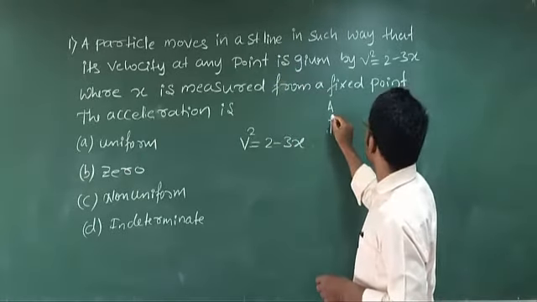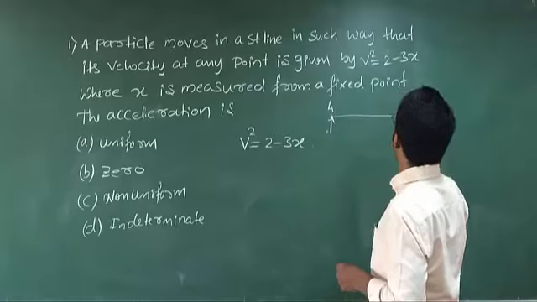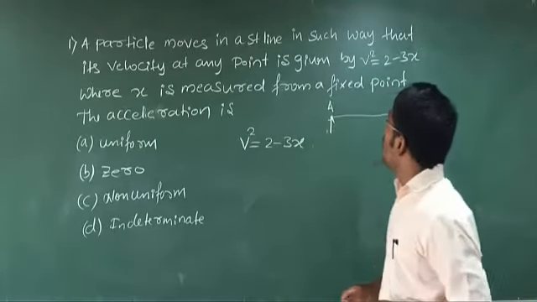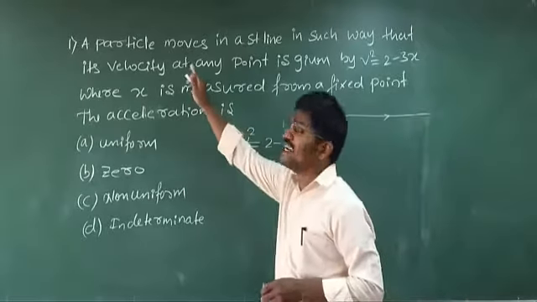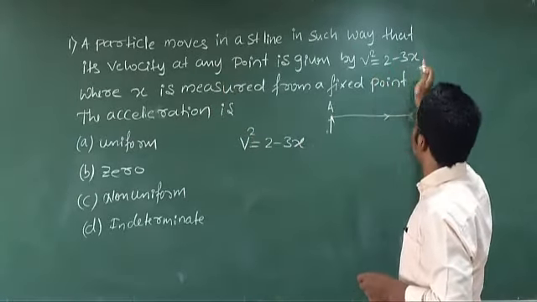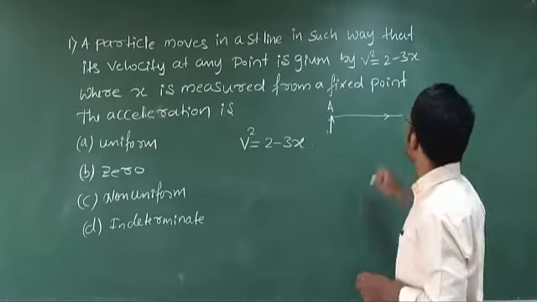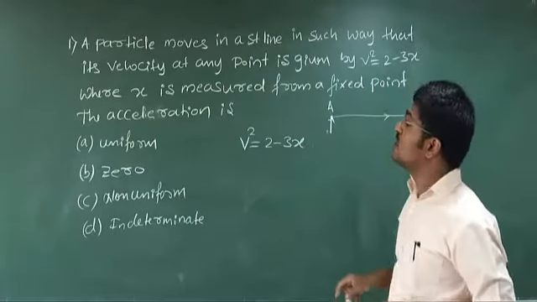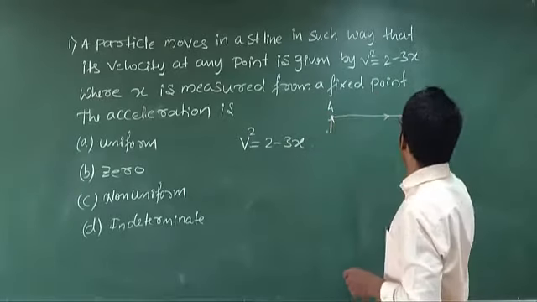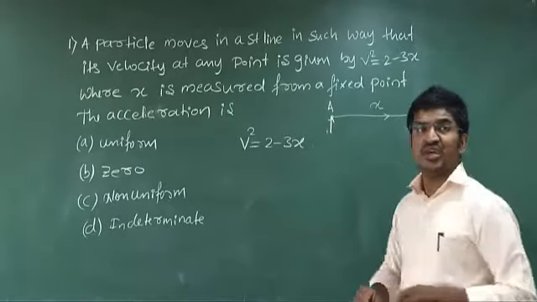At any point, the velocity is given by v square equal to 2 minus 3x, where x is measured from the fixed point. That means x is the movement of the particle.